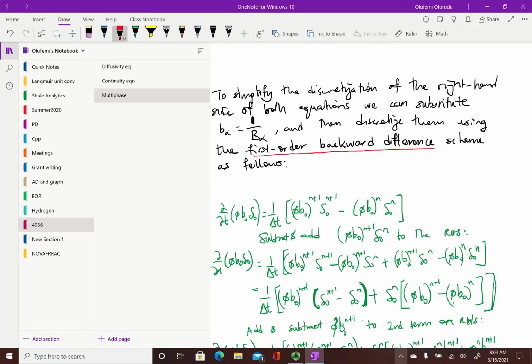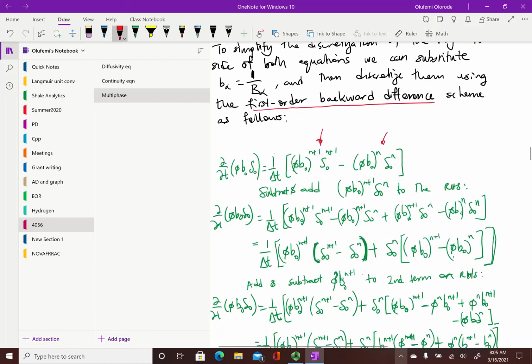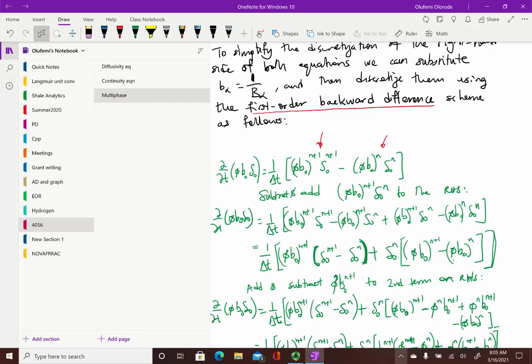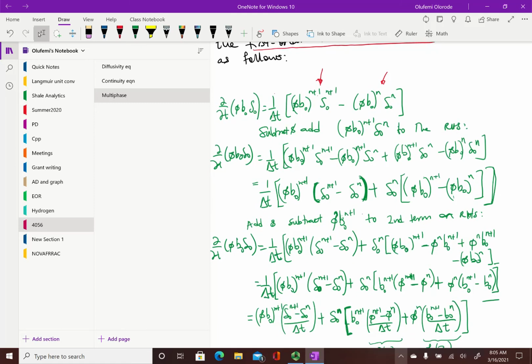Phi B naught S naught will be 1 over delta T, then current time step, previous time step. So phi B naught at current time step minus phi B naught at previous time step divided by the time step size, which is delta T. And for the next couple of processes, you can pause the video at any time and read through the derivations, watch the video again. But this is the rigorous process to discretize the multiphase flow equation.